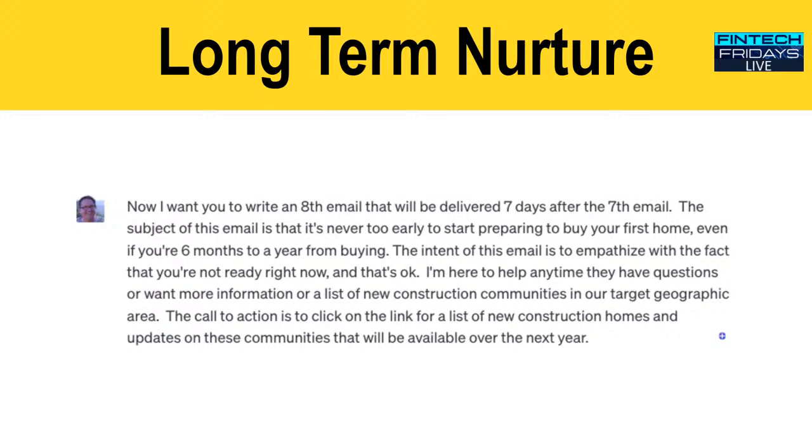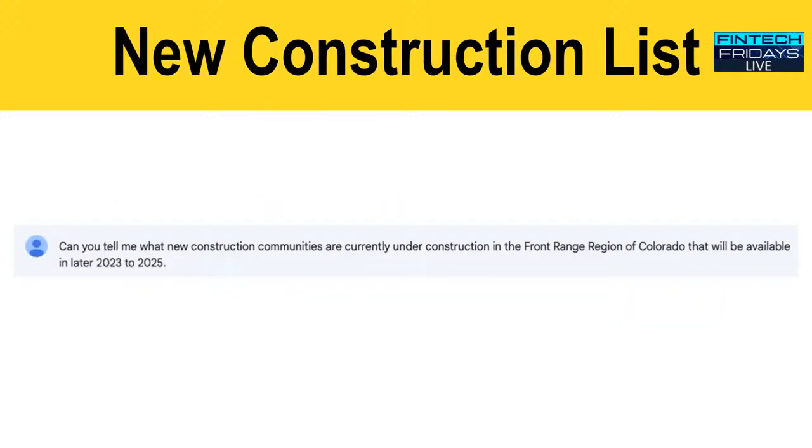And the call to action is to click another link to get on a list of new construction homes and updates. So what I'm essentially telling them is, if you click this link, and most CRMs, if they click the link, it'll allow you to put them in another campaign automatically. And so I'm going to load up this campaign with new construction projects.